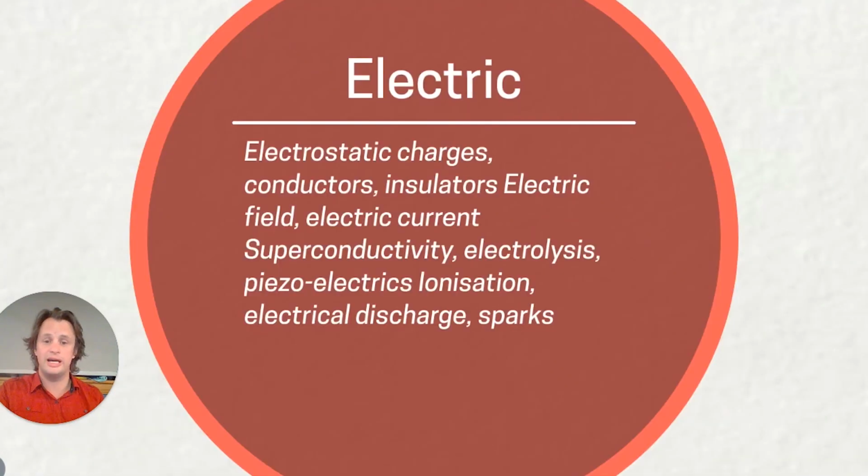Electric: electrostatic charges, superconductivity, piezos, woo, they're fun. If you don't understand what some of the stuff means, you might be able to look it up. If you don't really care, that's fine. You can move on to the next one, but I need you to be able to use some of this in some way.